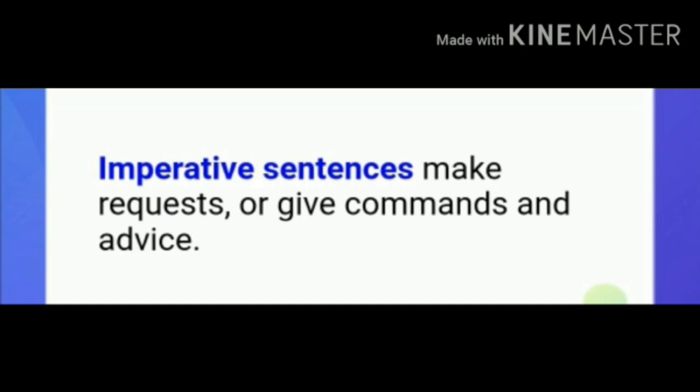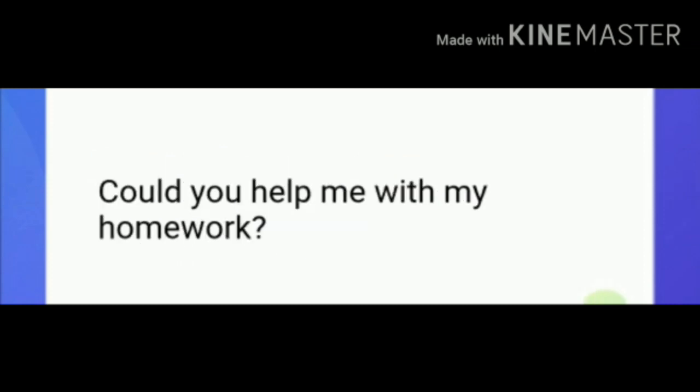Second type, imperative sentences. Imperative sentences make requests or give commands and advice. For example, could you help me with my homework? This is an example of an imperative sentence. But children, this sentence is ending with a question mark.